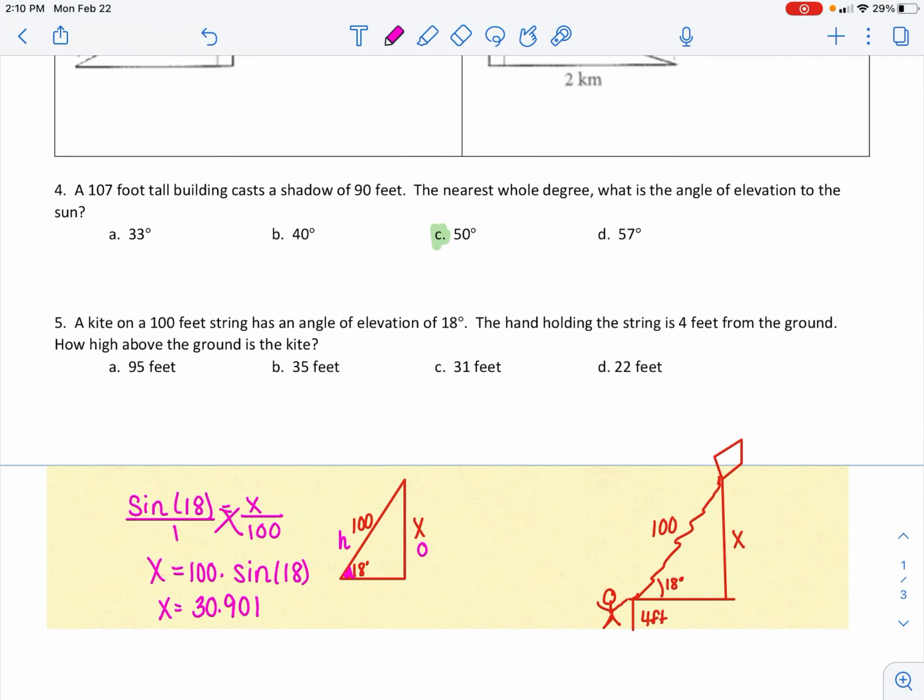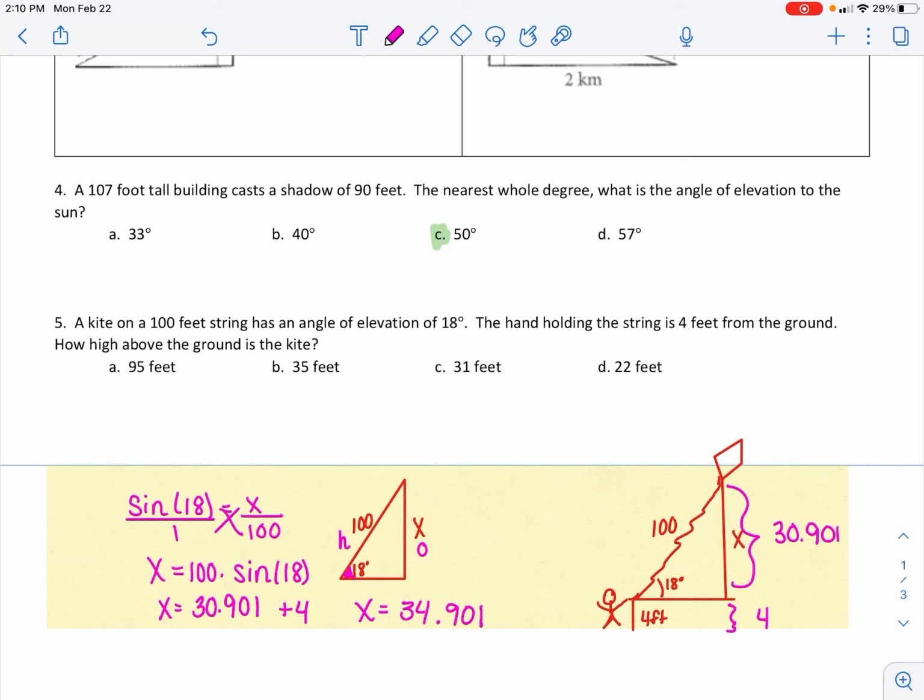Okay, now that is this distance here, but we still have 4 down here that we need to add. So we have 30.901 and we have 4. So I'm going to go ahead and add 4 to that, which gives me x is equal to 34.901.